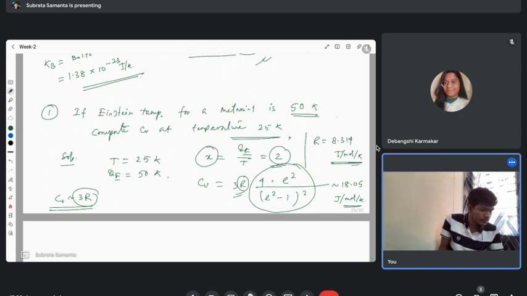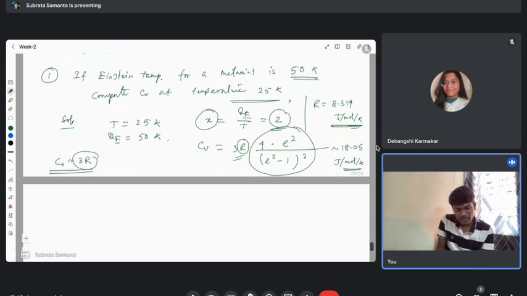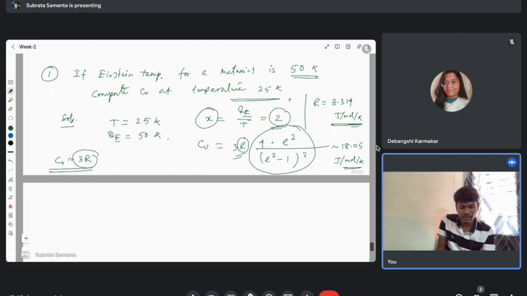Similarly, you can also calculate for the Debye case. Let's say theta D is given, 300 Kelvin, and you calculate the specific heat Cv at T equals 10 Kelvin.